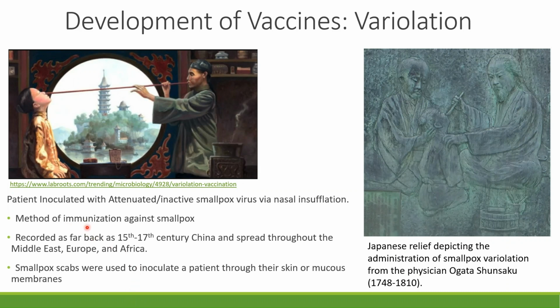And we call that attenuation. Attenuation means weakened. Those scabs could then be dried out, and they're exposed to the patient either through nasal insufflation, which is shown here in this image, by inhaling those dry scabs, or by placing the scabs into a small cut on the skin.